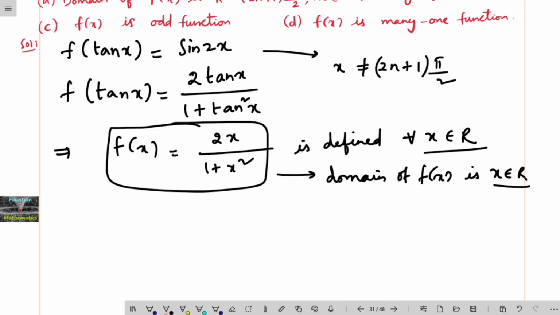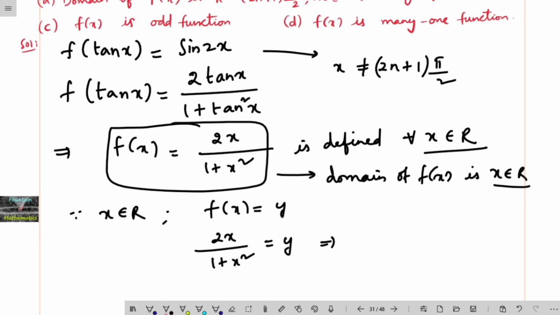Now the second case: since x belongs to R, if I take f of x equal to y, 2x upon 1 plus x square is equal to y, which implies yx square minus 2x plus y equals 0, by cross multiplication.